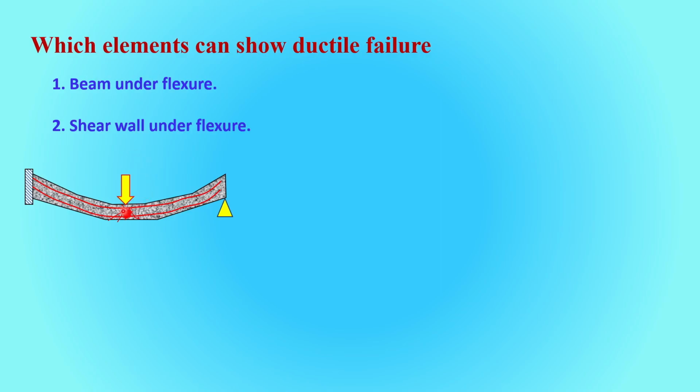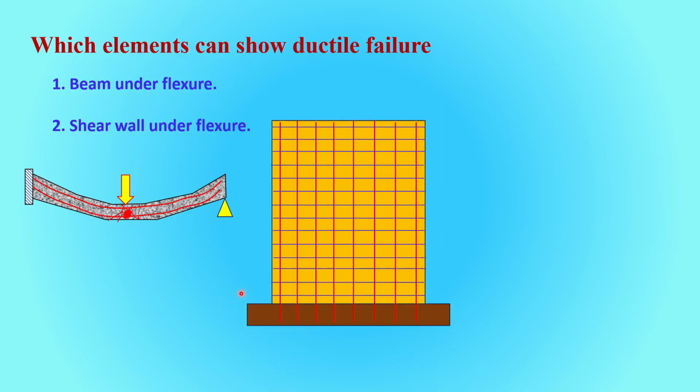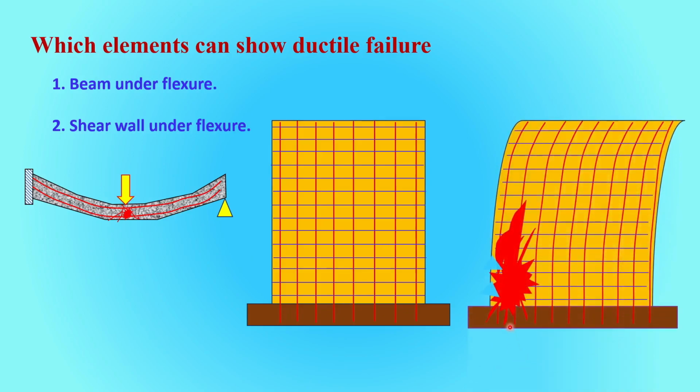During an earthquake, if you are sitting here over the beam, you will not fall down because the beam is not snapped out. In a shear wall where the vertical rods are there, horizontal rods are there, the yielding takes place in the maximum bending moment zone, which is at the bottom and on the convex side of the wall, which is shown here.